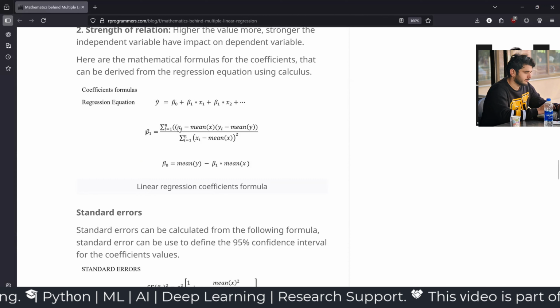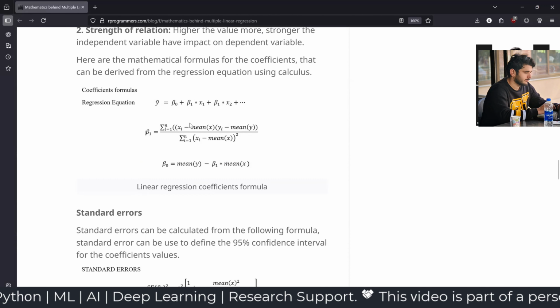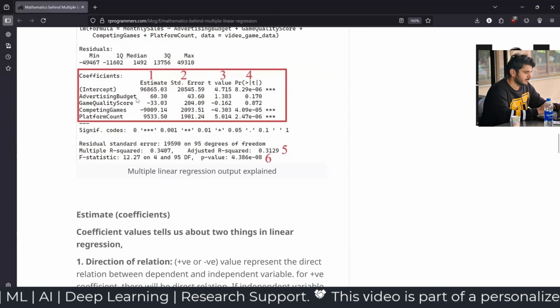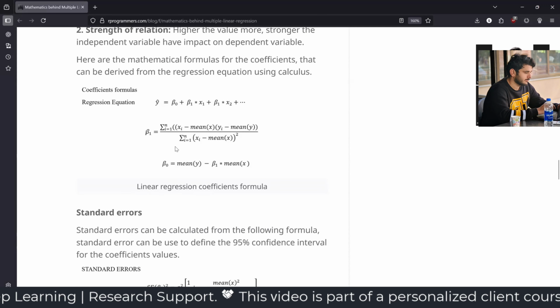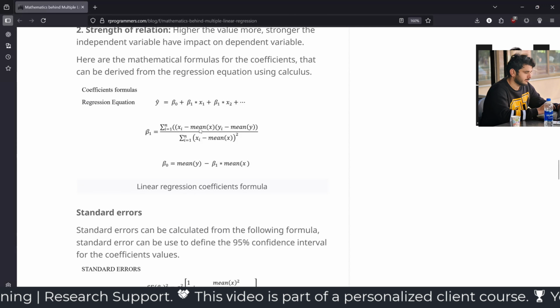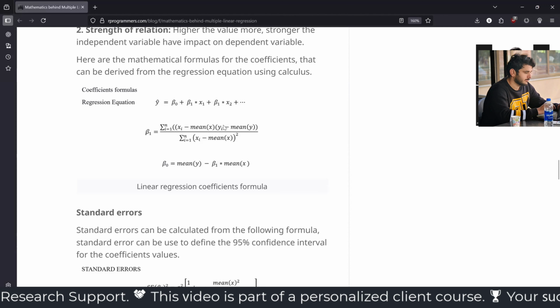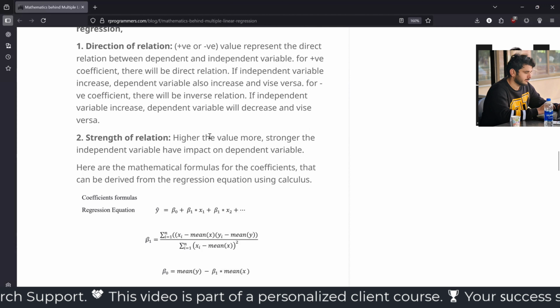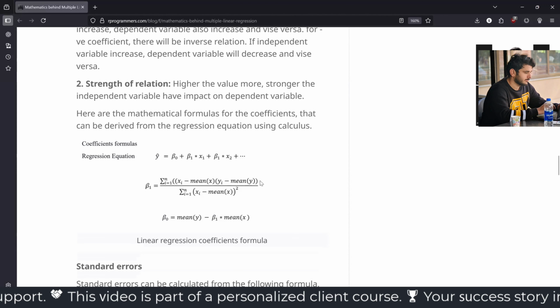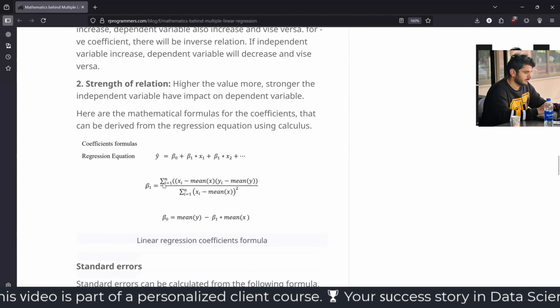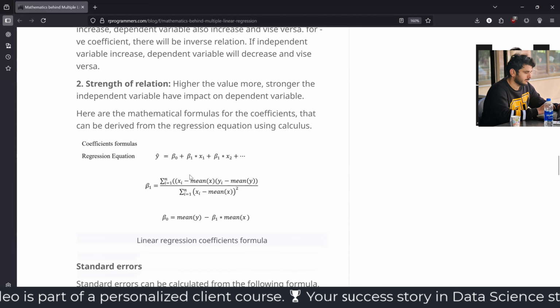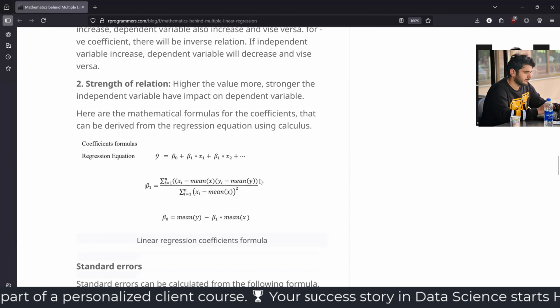Now here X is our independent variable. For example, if we're talking about beta 1, advertising budget is basically X. So we are talking about advertising budget minus average advertising budget. And here yi is our monthly sales minus average monthly sales. Summation basically means we find this for each row in our data set and take the sum of them.